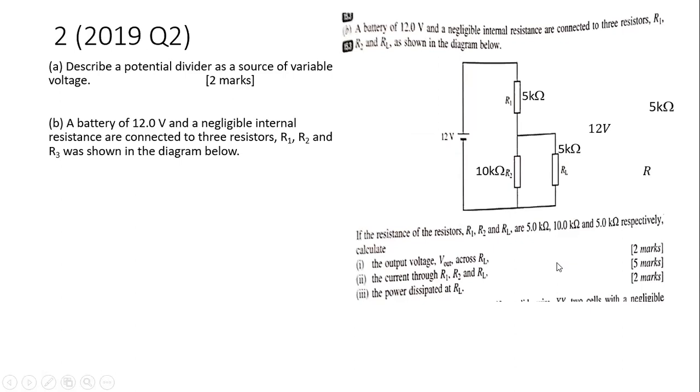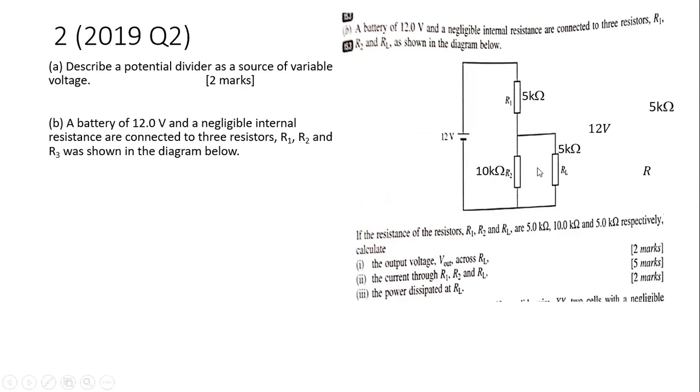Okay, let's go to number 2. Describe the potential divider as a source of variable voltage. Yep. Describe. I have to draw the thing larger.